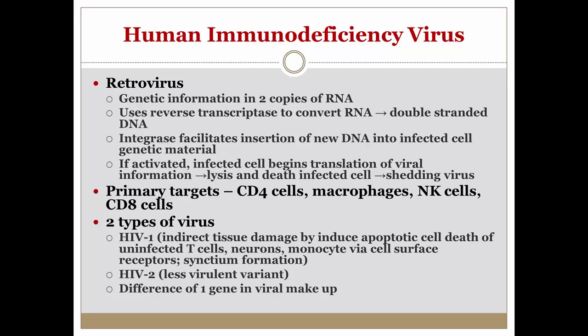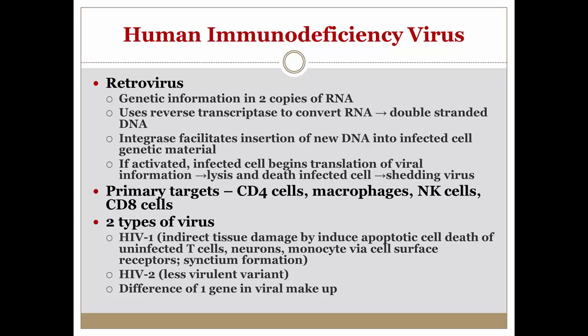So let me say that again. A syncytium is a multinuclear cell that results from multiple cell fusions of single nuclear cells. So as a result, this virus has the ability to develop a mass of cells that is very damaging.